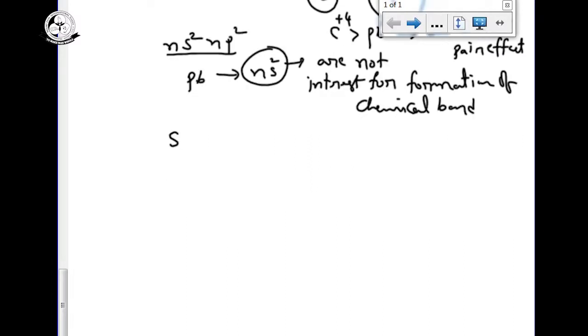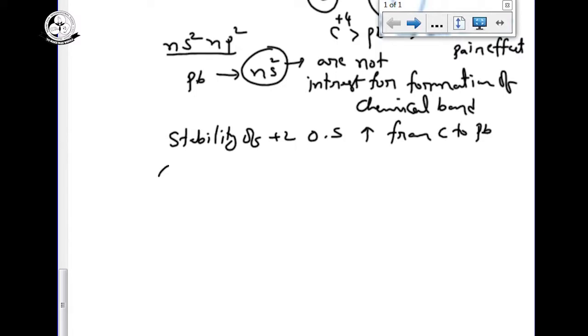So the stability of the +2 oxidation state increases from carbon to lead.